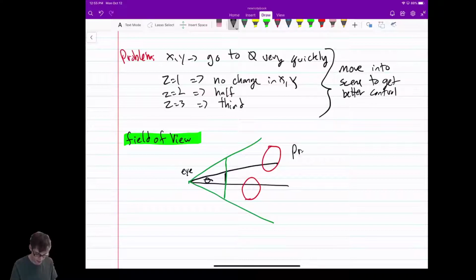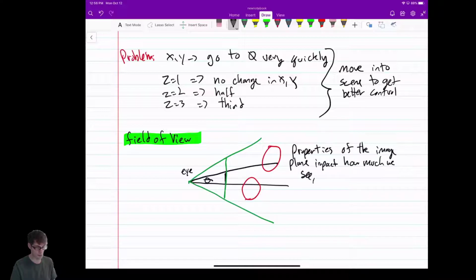So properties of the image plane, so how far away it is, how big it is, those kinds of properties, this impacts how much we see. This impacts the impact that Z will have.